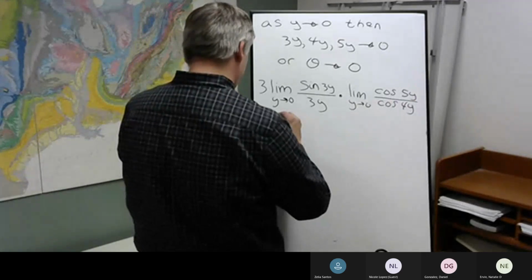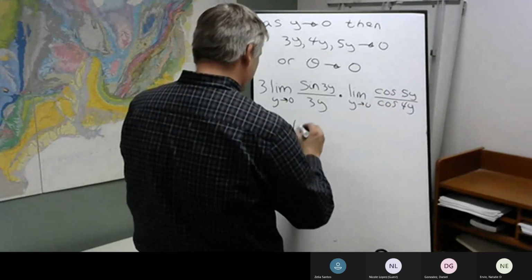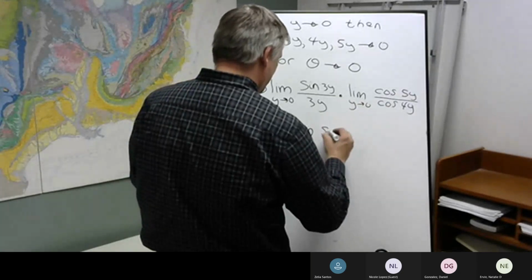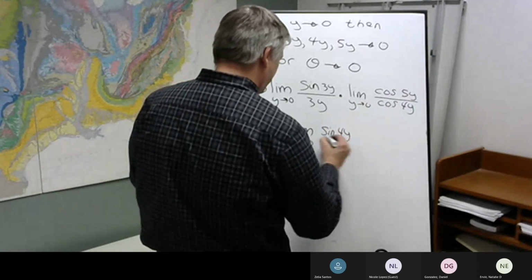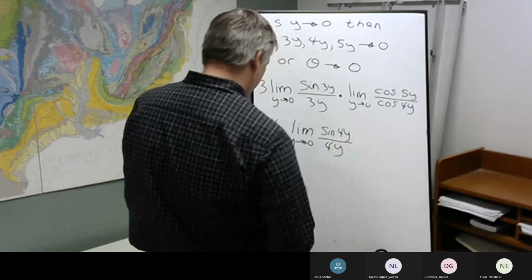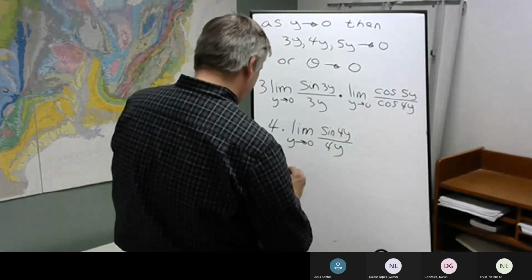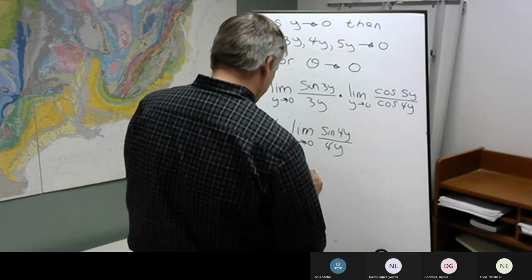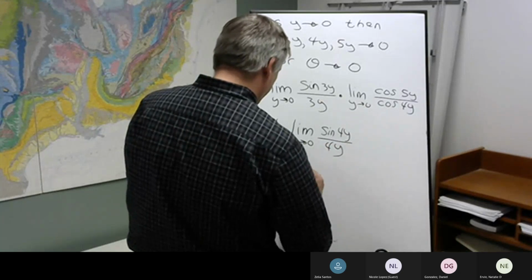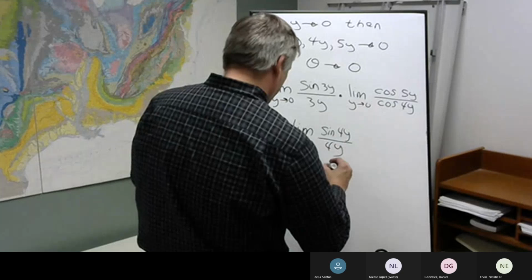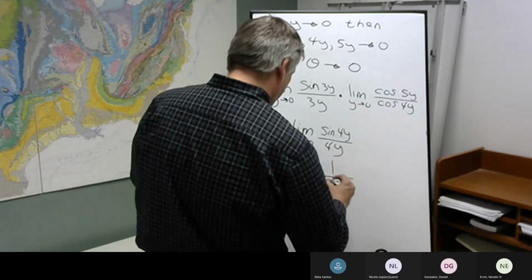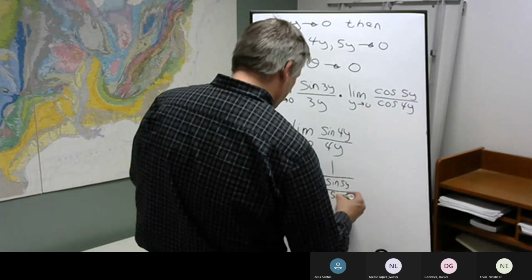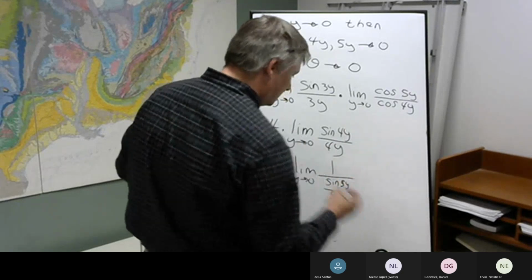Times 4 times the limit as y goes to 0 of sine of 4y over 4y, times 1/5, and this is going to be the limit as y goes to 0 of 1 over sine of 5y over 5y.